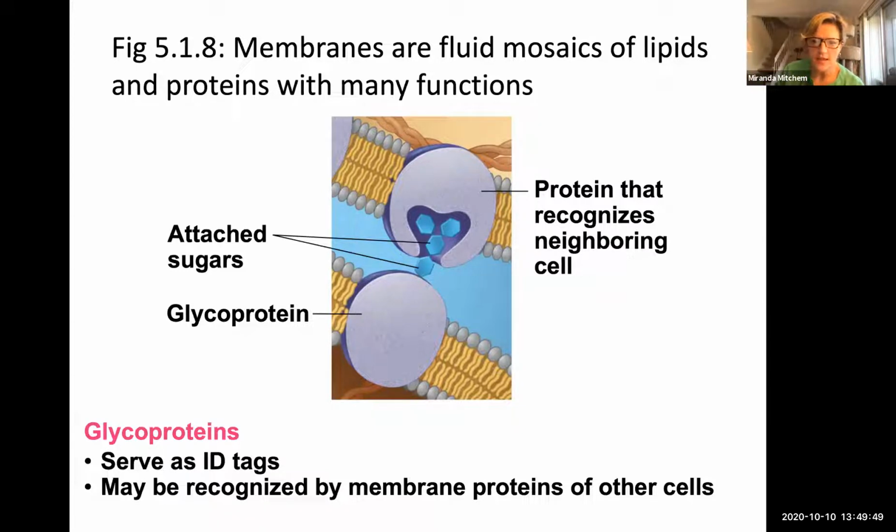Anything that binds to the sugar part would be able to interact. So that gives the body the ability to respond in different ways using the same molecule or part of the same molecule.